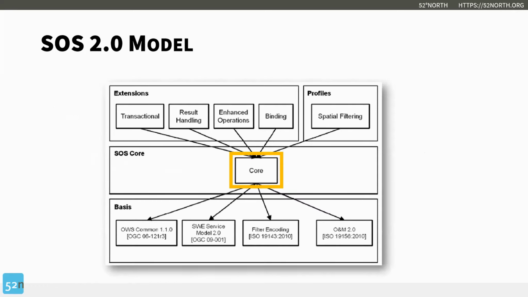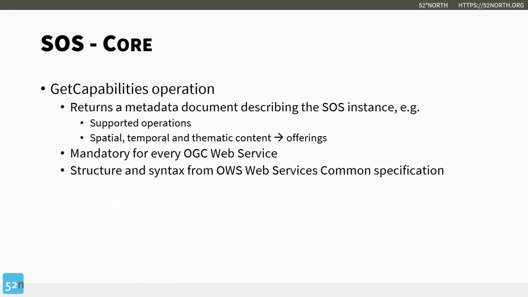So here a short view on the overall model of the SOS. The first thing here is the so-called SOS core, which we have marked here in the middle. The SOS core provides us a specification of basically three core operations. The first one is the GetCapabilities operation.